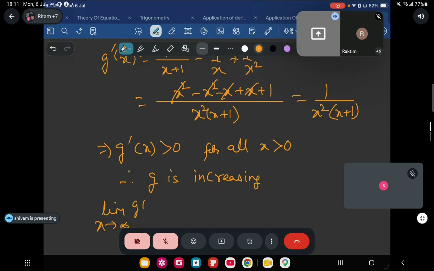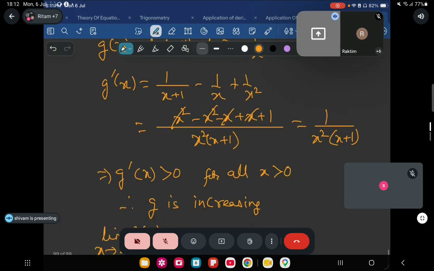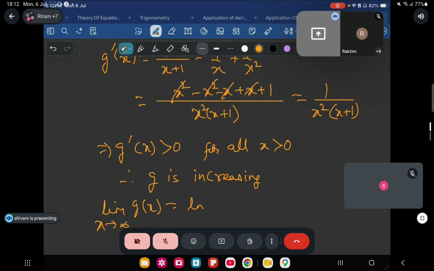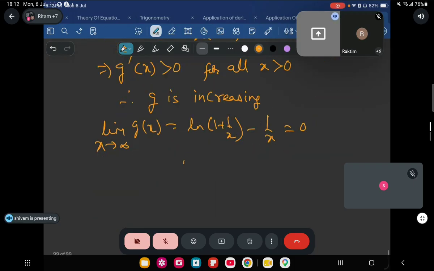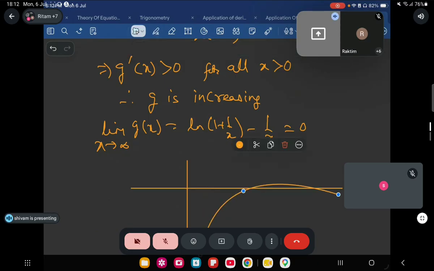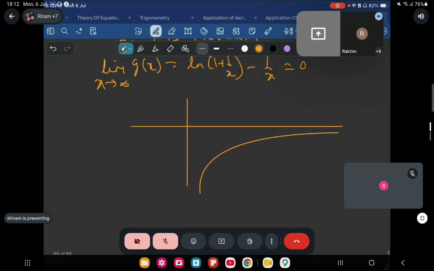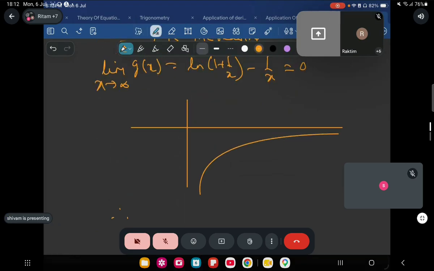Limit x tends to infinity of g of x will be equal to ln(1 + 1 by x), that is again 0, minus 1 by x, it is 0 only. So the graph of g of x will also look somewhat like that only for x greater than 0. Are you getting? Therefore, ln(1 + 1 by x) is also less than 1 by x. Done.